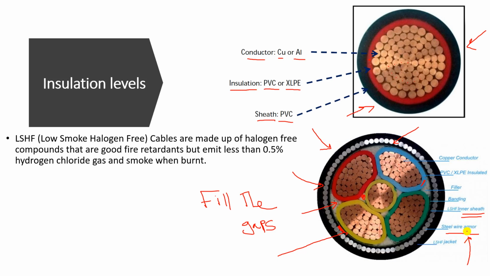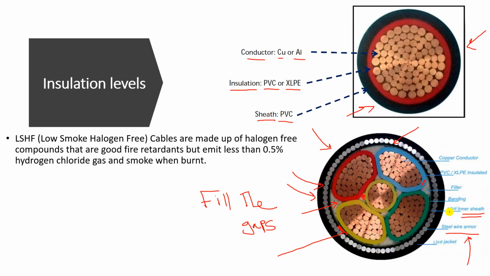It is used as a mechanical protection for the cable itself. Then we have finally an outer sheath. This is called the outer sheath, which surrounds the whole cable, a protection for the whole cable. So this is the composition or the components of the cable.